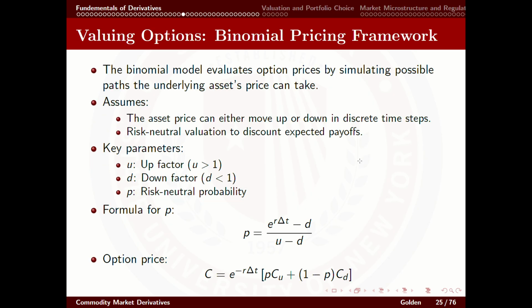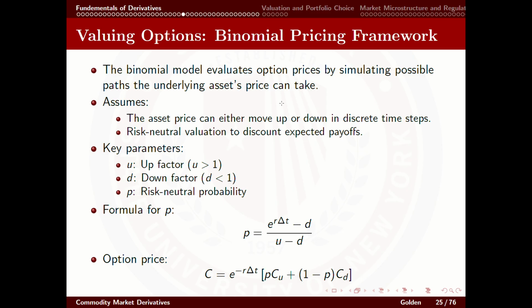So valuing options, one framework you can do this with is the Binomial Asset Pricing Framework, which evaluates option prices by simulating possible paths the underlying asset's price can take. This assumes the asset price can either move up or down in discrete time steps, with risk-neutral valuation to discount the expected payoff. So we're trying to value it correctly, which means we're trying to see what the asset is worth.